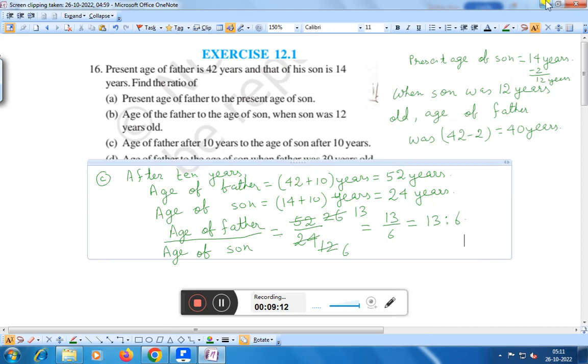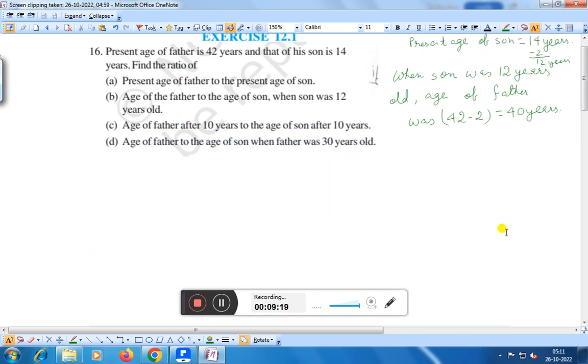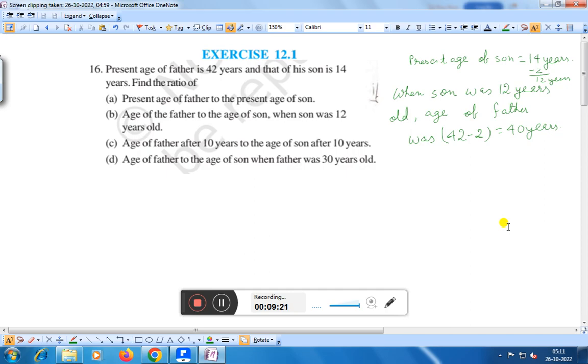Now we solve question number D. Question number D is here, you see: age of father to the age of son when father was 30 years old.